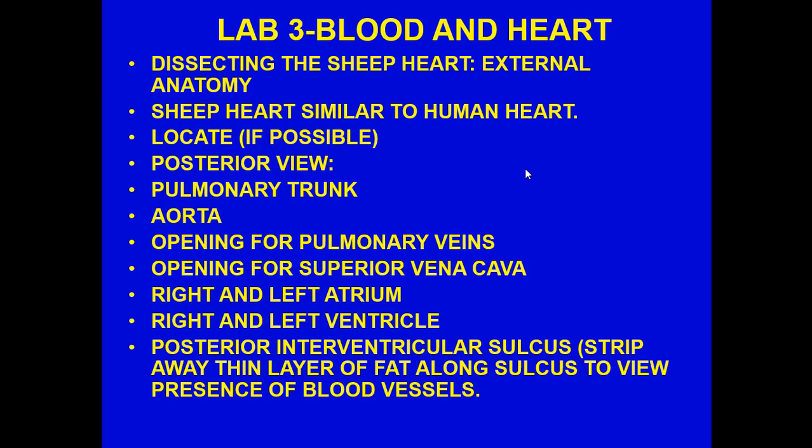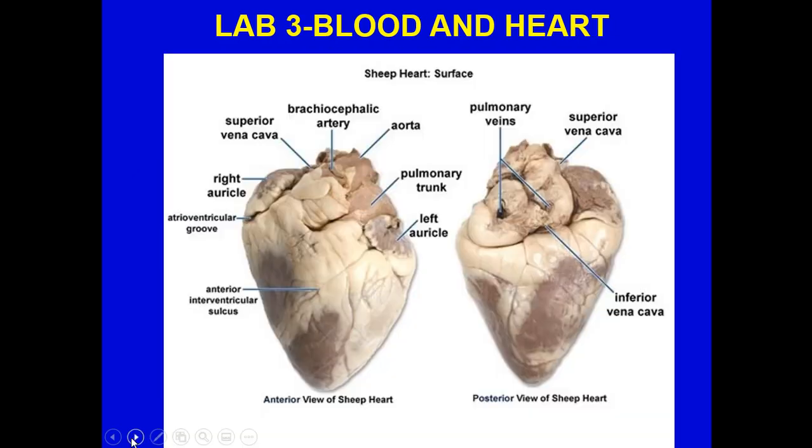In the posterior view, you might be able to notice the pulmonary trunk, aorta, openings for the pulmonary veins and superior vena cava, as well as inferior vena cava, right and left atrium, right and left ventricle, as well as the posterior interventricular sulcus. This is a possibility, but not a guarantee.